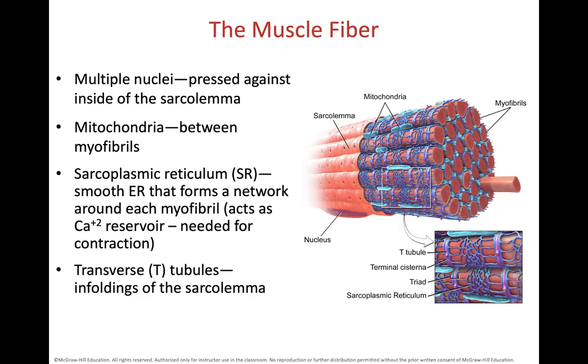Okay, and then another sarco term. You guys remember the endoplasmic reticulum, hopefully, from a general cell. In a muscle cell, it's called the sarcoplasmic reticulum. And it forms what looks like a net on the outside of these myofibrils. So that's that purple net-looking stuff on the outside of the myofibrils here. That's sarcoplasmic reticulum.